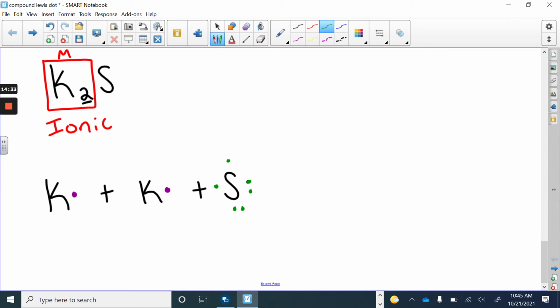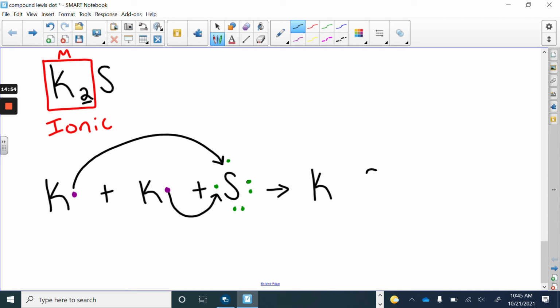Again, ionic bonds transfer electrons, so you must show that. So this electron will come over to the lone electron on sulfur here, and this one will go over here. Draw our new structure.